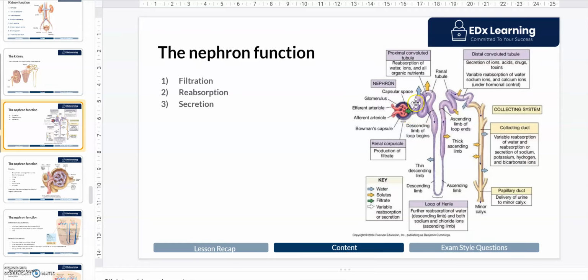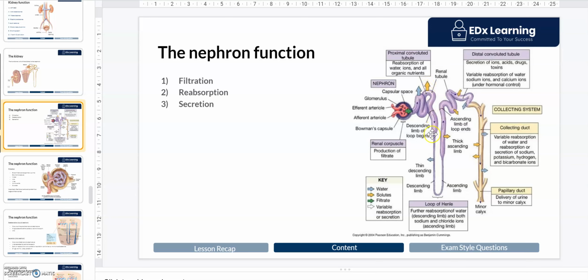This filtrate, containing both the good and the bad, will then travel through this convoluted system of tubules. And at this region here, we have the process of reabsorption occurring, as noted in this box. Here we'd like to reabsorb all our nutrients like glucose and amino acids.